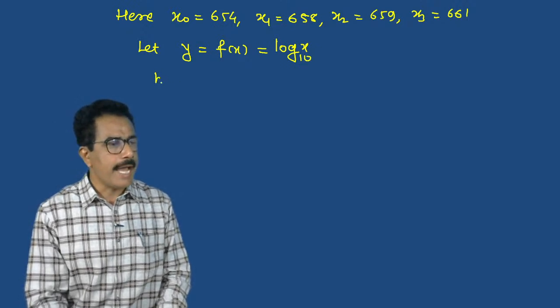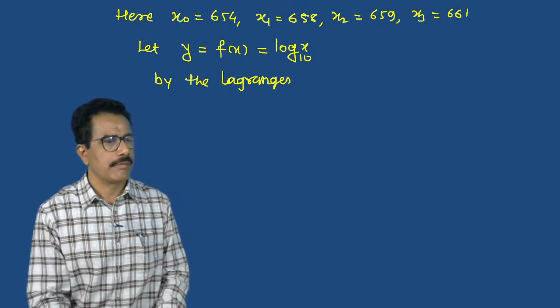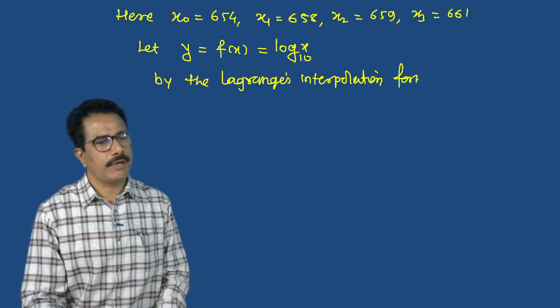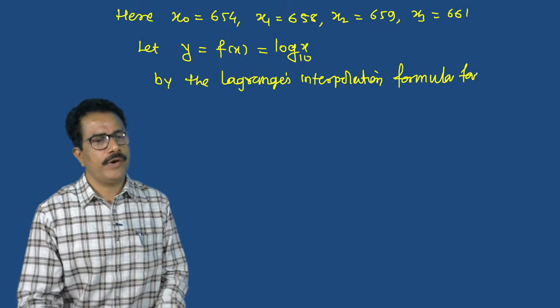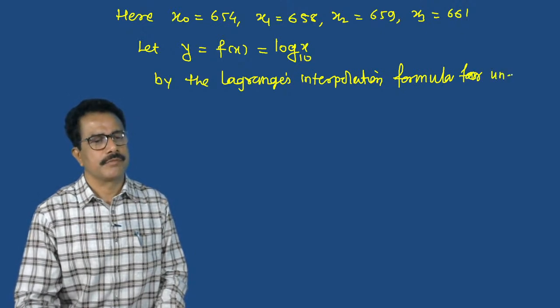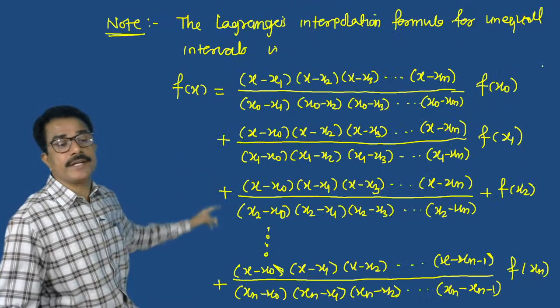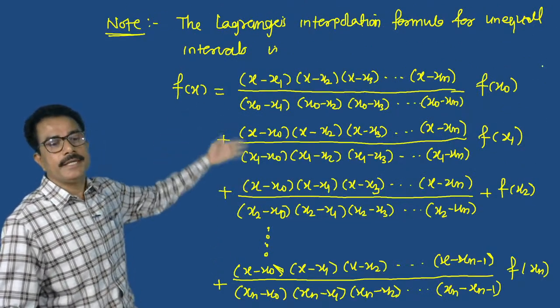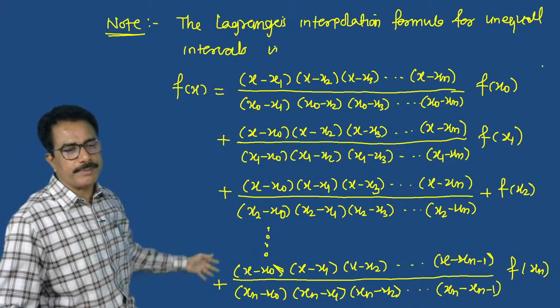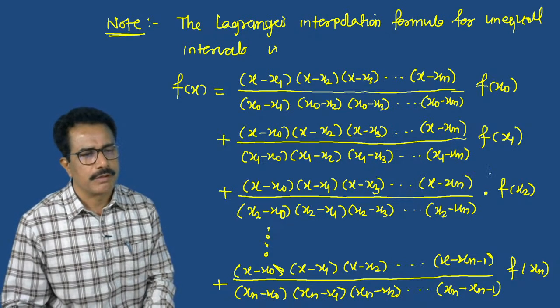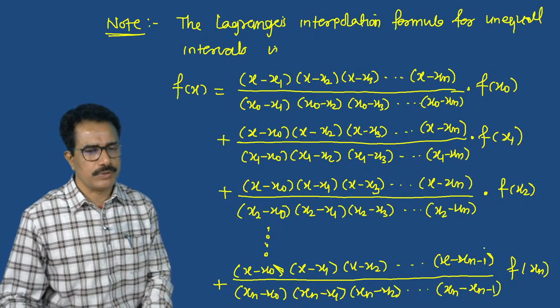Now by the Lagrange's interpolation formula for unequal interval is, आता इथं डिवायडेड डिफरन्स नाही, डिफरन्स टेबल तयार करायची गरज नाही, डेल्टा कुठंच नाही आहे, म्हणून डिफरन्स टेबल तयार करायची गरज नाही. सॉरी, इथं प्लस नाही, इनटू, this is into, this is into, this is into.